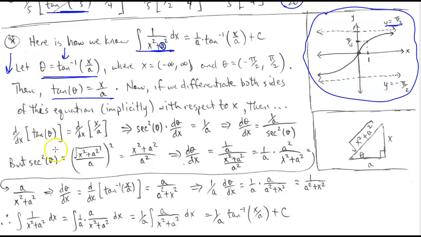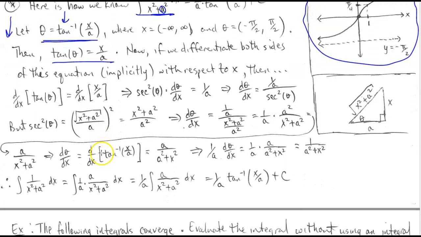Okay, so without going through all the gory details, what I would see is that the derivative of arctan, or the derivative of theta with respect to x, would just end up being a divided by x squared plus a squared.